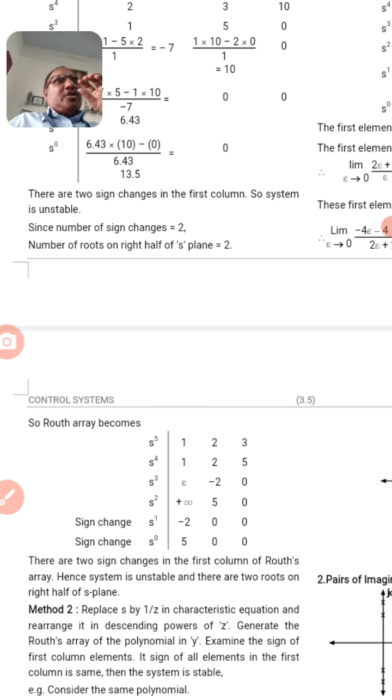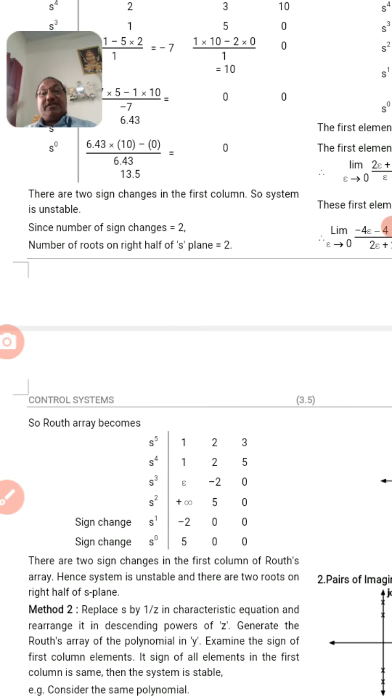The denominator shows us the characteristics equation. 1 plus G(s) into H(s) shows the number of poles and zeros that lie on the left hand side or right hand side, and hence the denominator of the closed loop transfer function, which is the characteristics equation, plays a very important role, and it shows stability of the system.